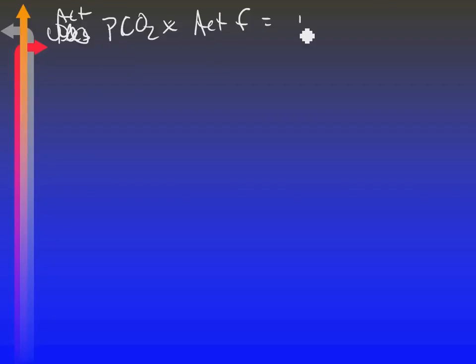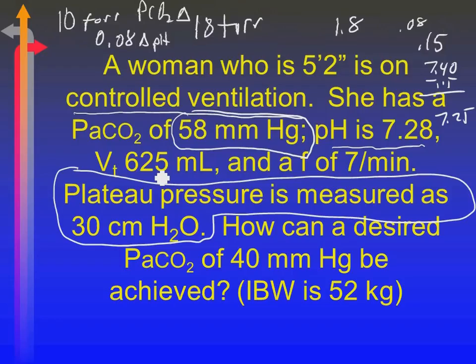So how do I do this? Well, same way. Desired PCO2 times desired frequency is equal to actual PCO2 times actual frequency. And I'm telling you that I want to go to a PCO2 of 40. I gave you an ideal body weight there, and if you were to figure it out, this tidal volume is a little bit large. I certainly don't want to go up on it. If anything, I need to go down.